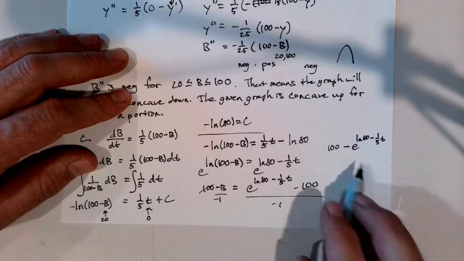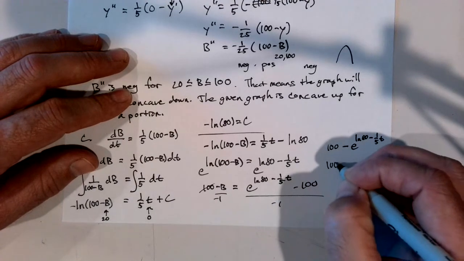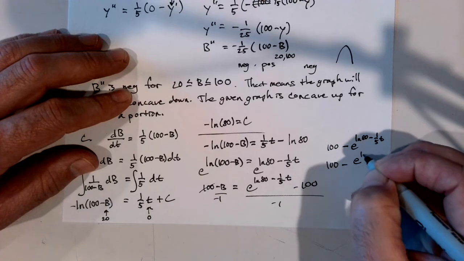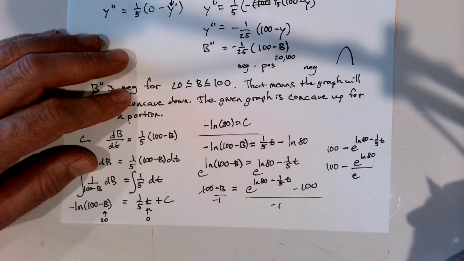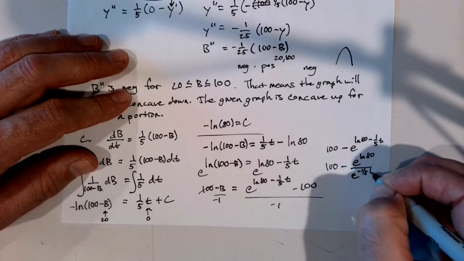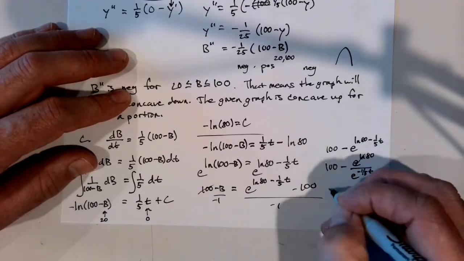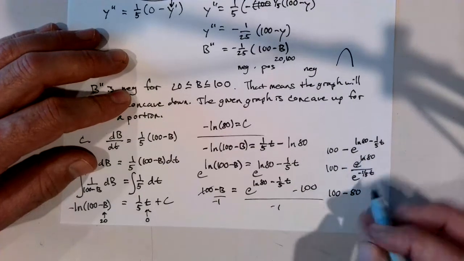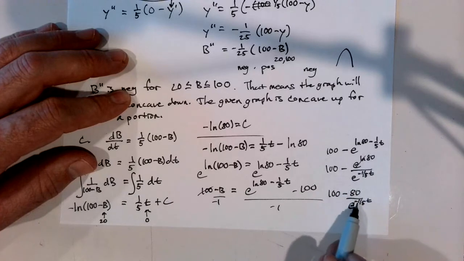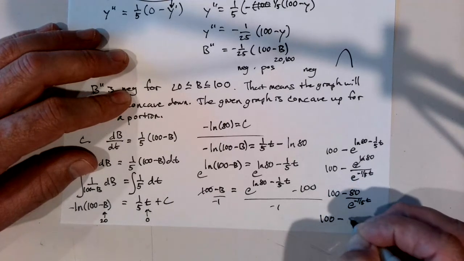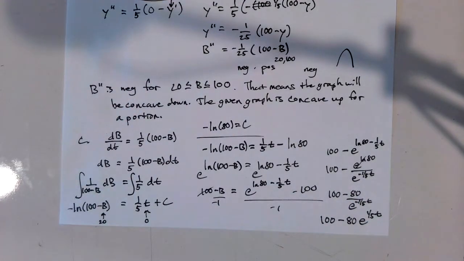And furthermore, when you're subtracting, we can rewrite this as 100 minus e to the natural log of 80 over e to the negative 1/5 t. You can see e and natural log cancel, so 100 minus 80 over e to the negative 1/5 t. And since I have a negative exponent, I can bring it up here, 100 minus 80 e to the 1/5 t. I'm going to check my answer here with the answer key.